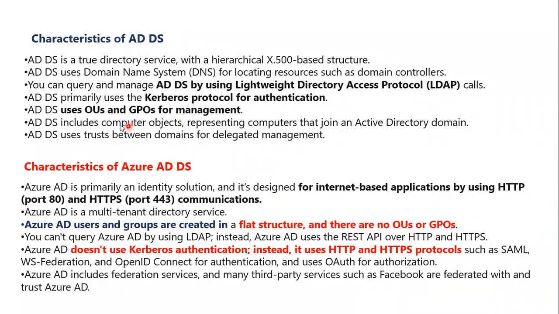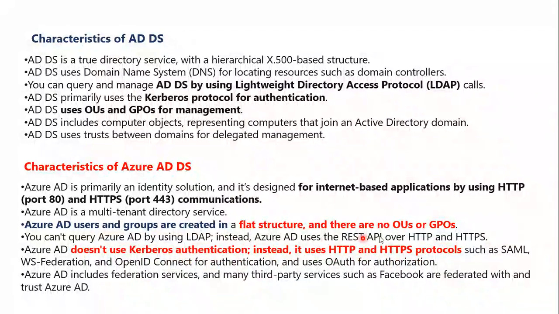On-prem uses the Kerberos protocol for authentication. Azure Active Directory does not use Kerberos authentication; it uses SAML, WS-Federation and OpenID authentication. So instead of LDAP and Kerberos, it uses HTTP and HTTPS.